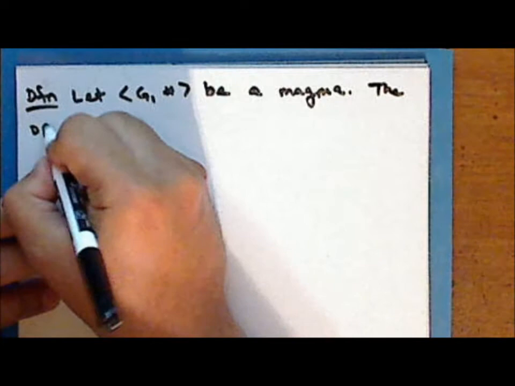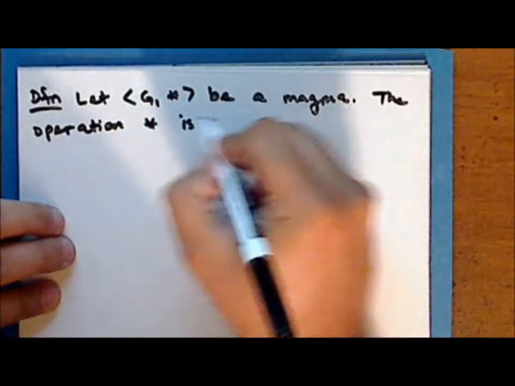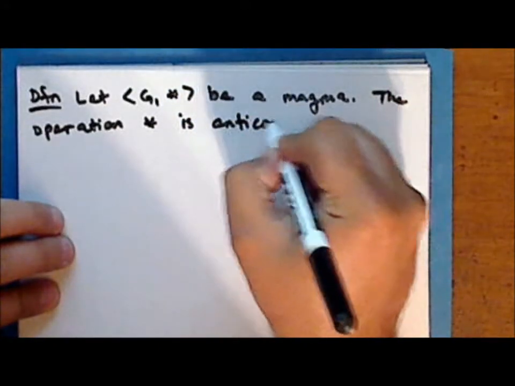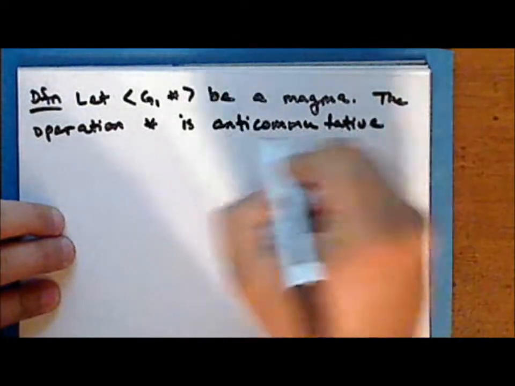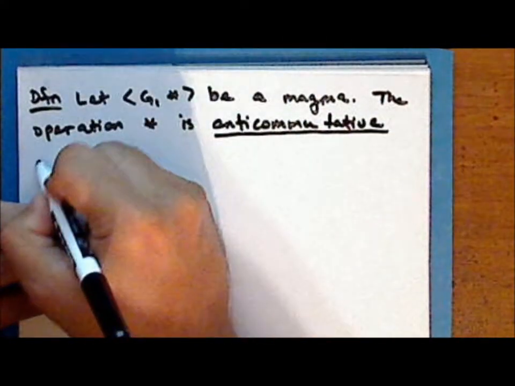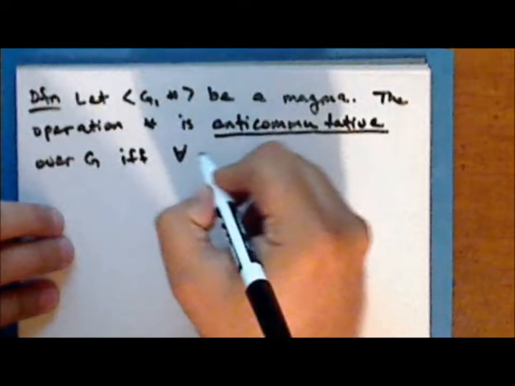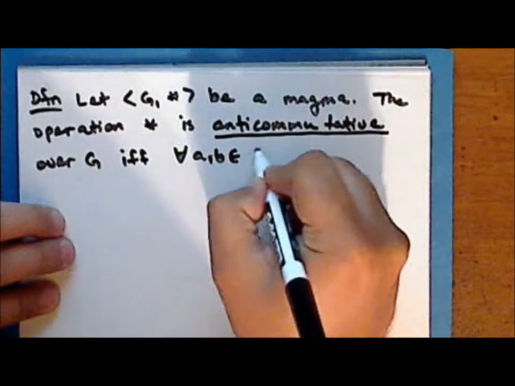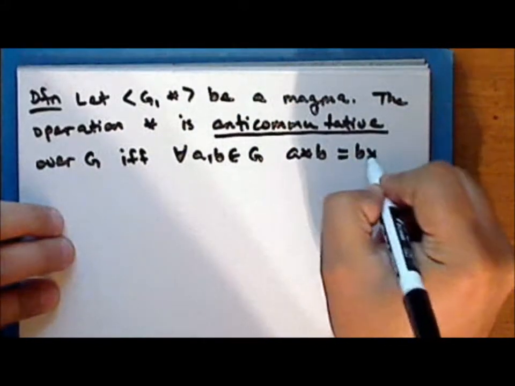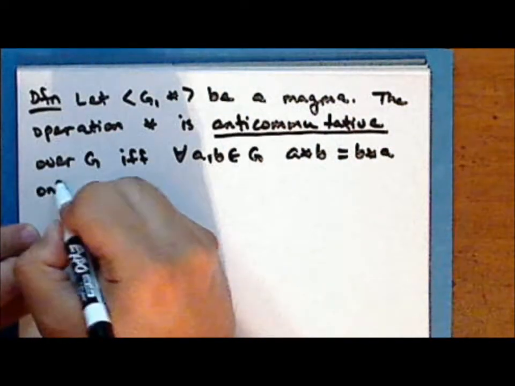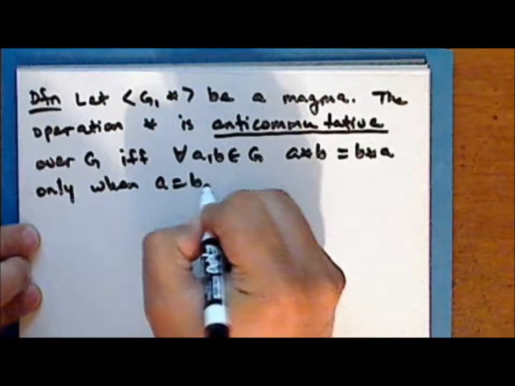The operation star is anti-commutative over the set G if and only if, for every pair of elements A and B in the set G, we have that A star B is equal to B star A only when A and B are the same element.